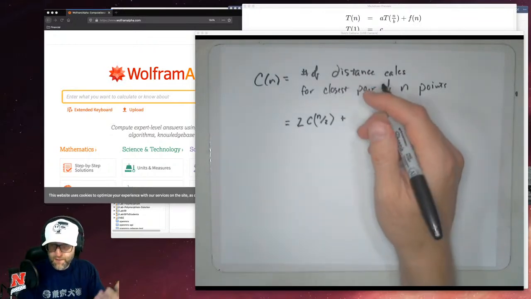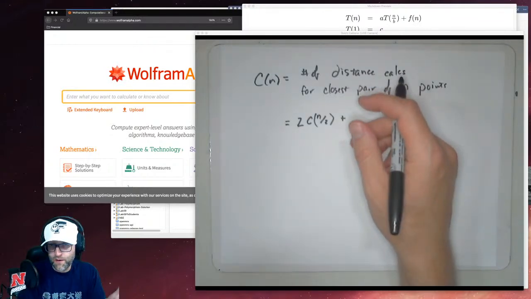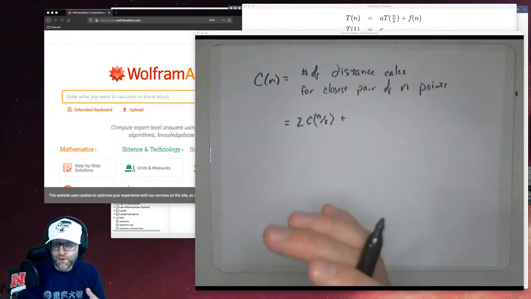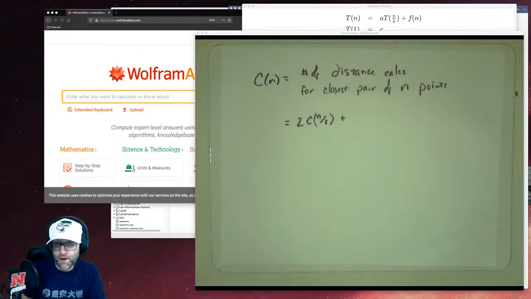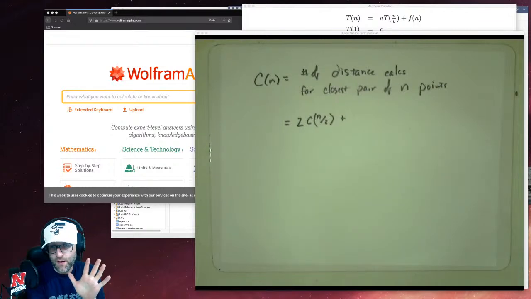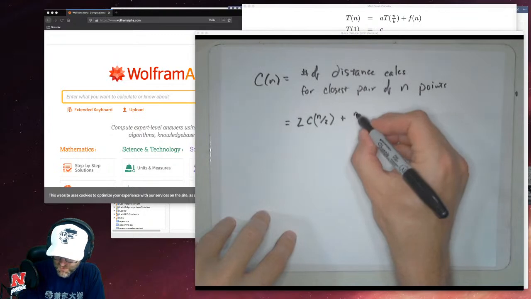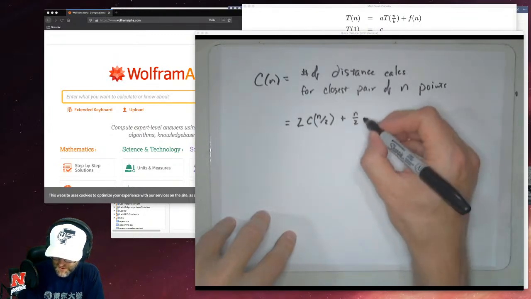Now, when you come back from the recursion, you do need to conquer. What that means is that you need to combine those 2 solutions, like we just talked about right here. For each point in the left partition, you need to examine at most 6 points on the right-hand side.